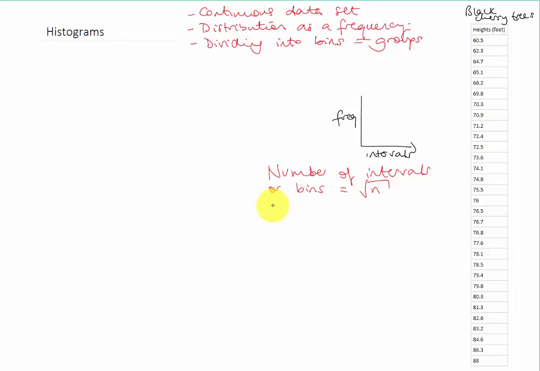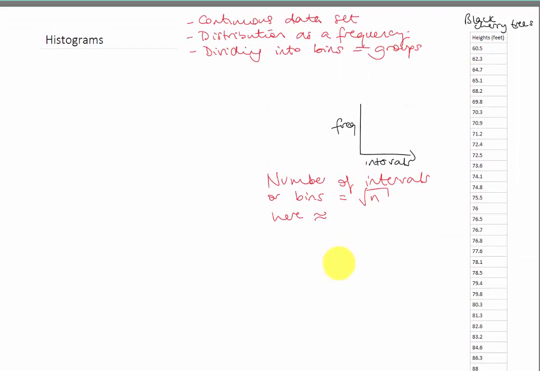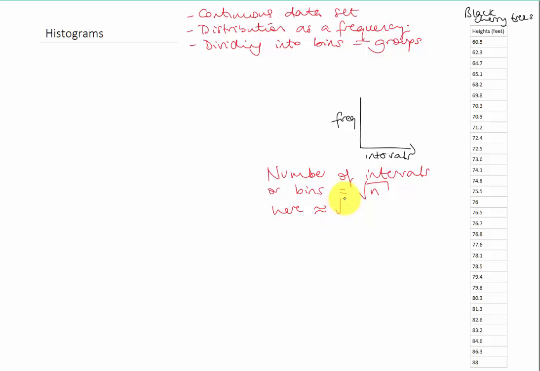We should use our common sense, but let's start with this. Here it would be roughly, it can't be exactly, the square root of 31, because I've measured the heights of 31 trees, and that happens to be 5.5 something. So we just have to use our common sense and look at how we want to divide them up. What I've decided to do is divide every 5 feet.